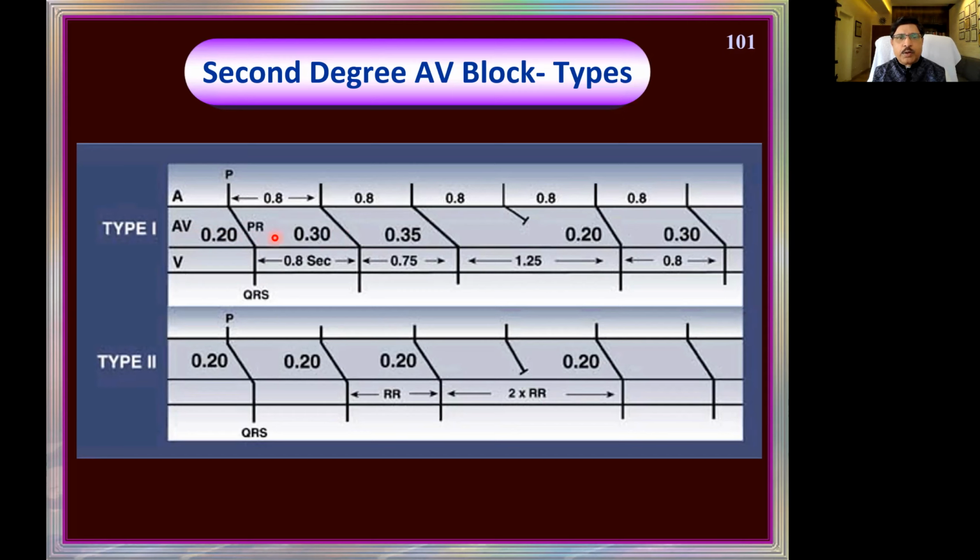So there is a progressive increase in the PR interval for the succeeding complexes. And there will be a complex which is supposed to come here. It is not conducted to the ventricle and stops in the AV node because there is progressive lengthening. Because of that, the AV node is refractory, it fails to conduct to the ventricle. So there is a dropped QRS.